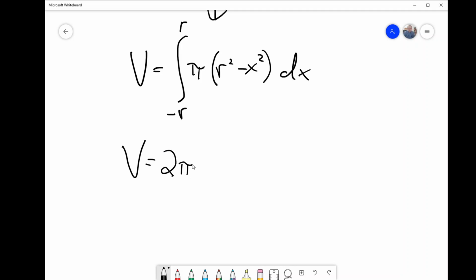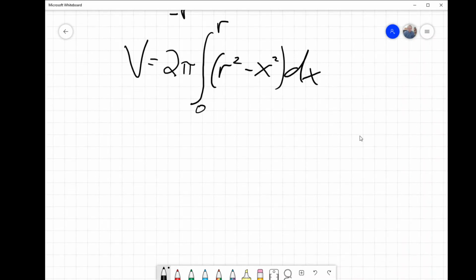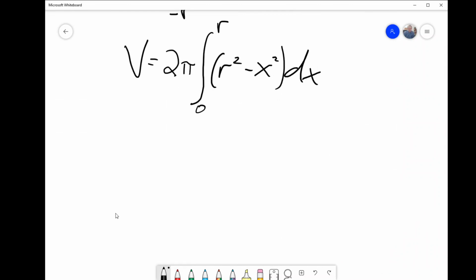We can even pull that pi out because it's a constant, and just sum up the volumes of the right half of our sphere. So that's r squared minus x squared dx. Now this is the integral of a polynomial. That is something that we haven't really had an issue with before.